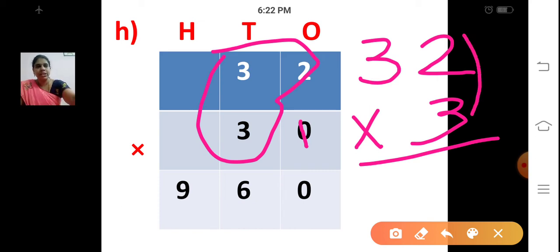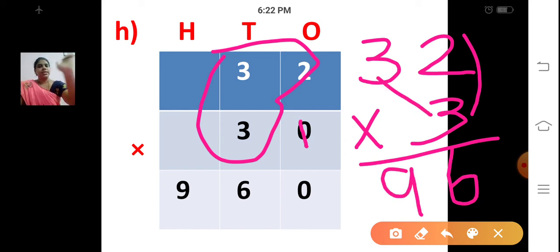We are going to multiply these two, right? 2 3s are 6. Second step, 3 3s are 9. So how many zeros are there in the question? Here we have only 1 zero. That 0 you write to the right of this answer. So the answer is 960. When you multiply 32 into 30, the answer is 960.